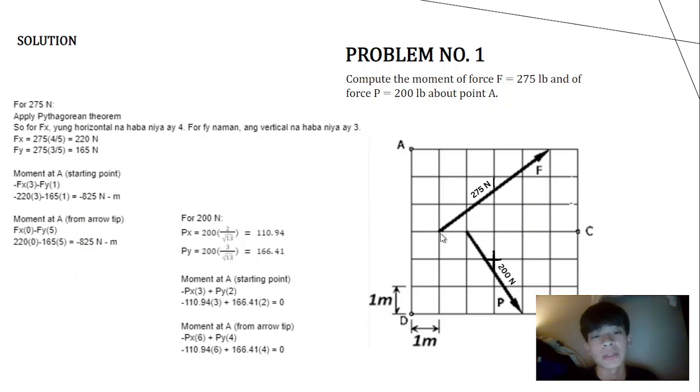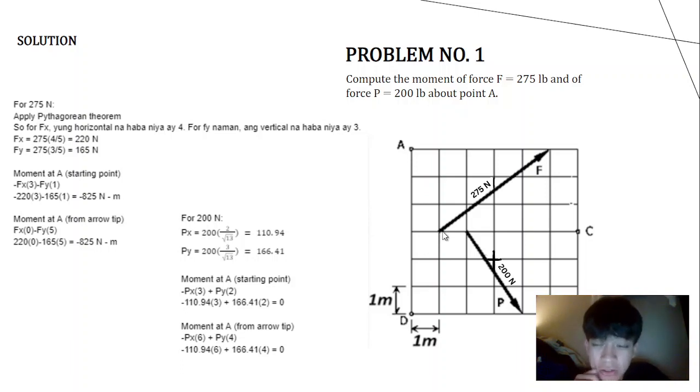Tapos ang Fy naman negative siya dahil ganun din, ang ikot niya ay counterclockwise. Tapos ang distance niya from A ay 1. 1 lang, tama. So, ang basehan natin dyan, itong 1 meter na to, ito yun. Kaya siya 1.